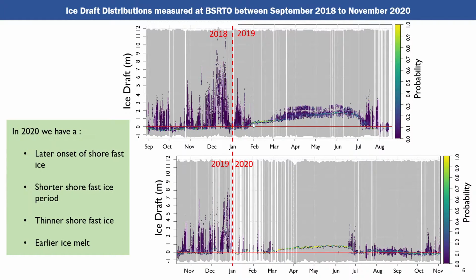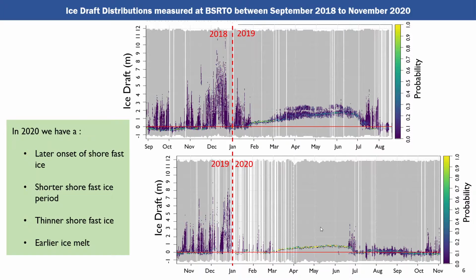Then when we hit the end of January, the mean draft will increase. We hit shore fast ice, and then it'll increase over the winter. There will be increased roughness patterns until we hit the melt period at the end of June. Then it's a very quick melt period, and we're back to open water by mid-July.